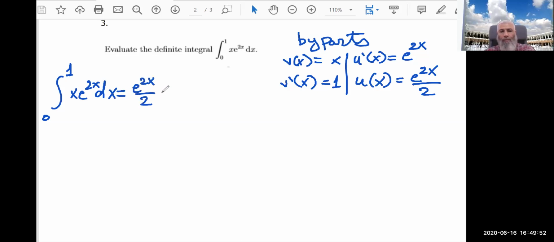Multiply v of x, which is x, minus, this is from 0 to 1, minus integration from 0 to 1 of u of x, which is e power 2x divided by 2, multiplied by v dash of x, which is 1, dx.